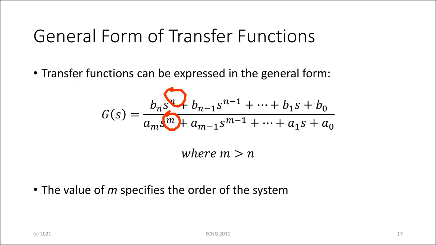So in other words, if it was a third order polynomial, I would have s squared plus something on top, and s cubed below, for it to be a rational third order polynomial. m specifies the order of the system. So you always look at the denominator, and whatever the order of the denominator determines the order of the system itself.